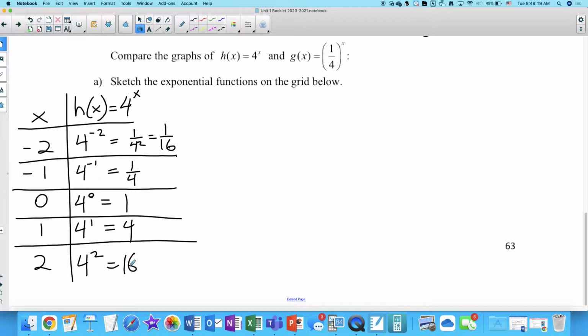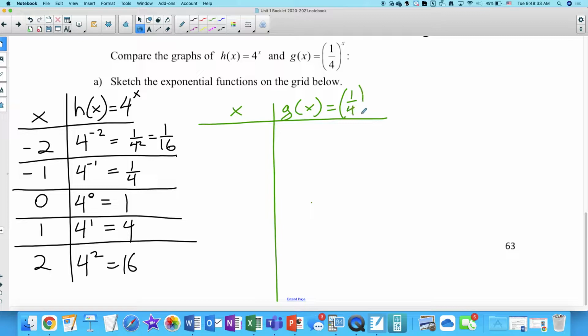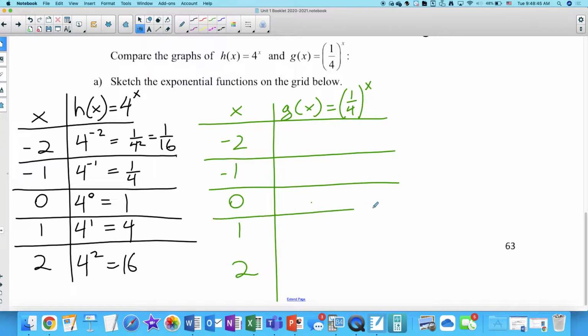Now I'm going to make a table of values for g of x, maybe in a different color, and I'll use the same x values. When x equals -2, this is going to be 1/4 to the -2. How do I evaluate that?